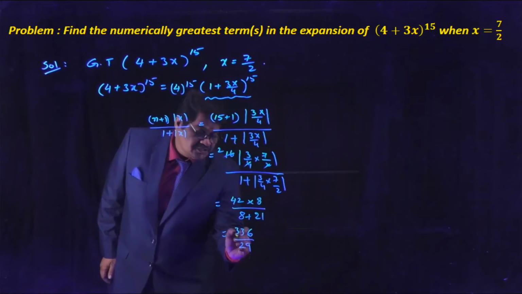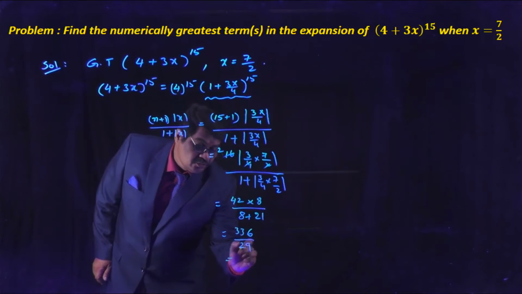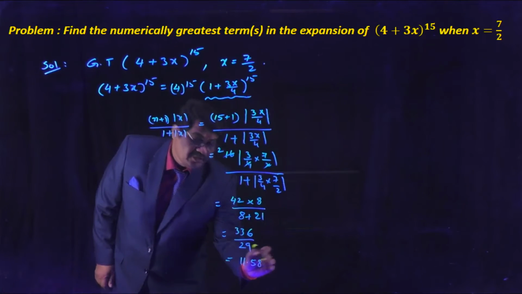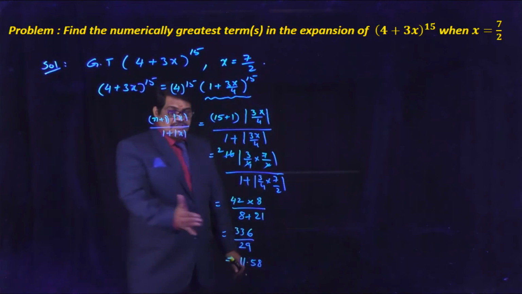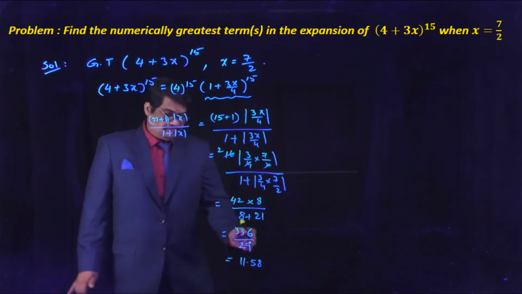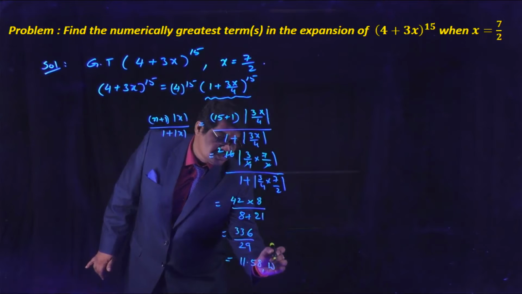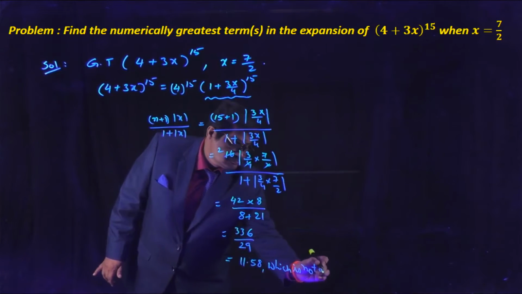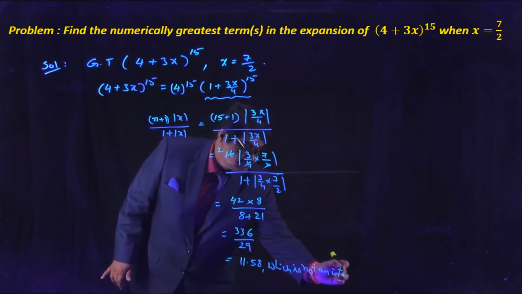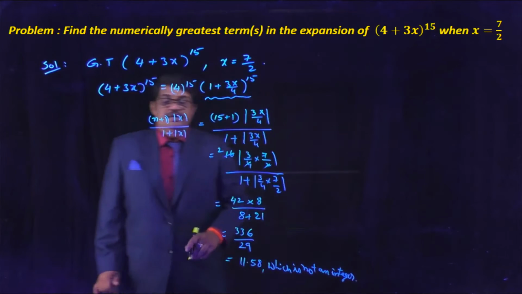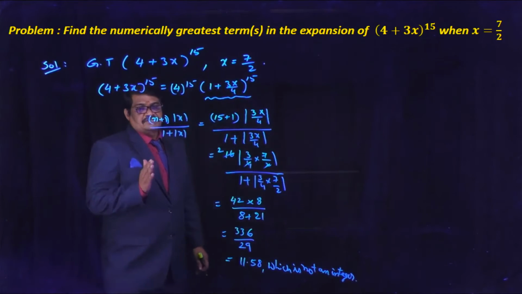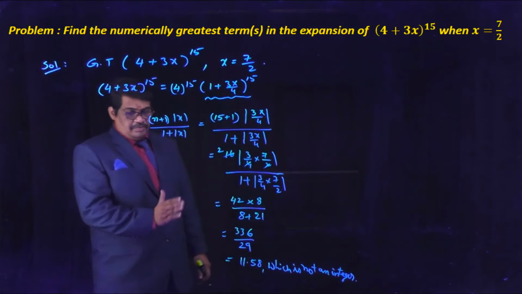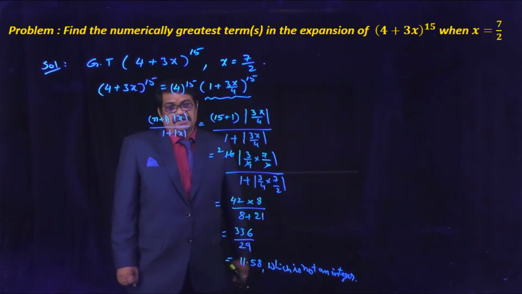So the value of (n + 1)|x| / (1 + |x|) is 336/29. Dividing by 29, we get 11.58 something. It is not an integer.